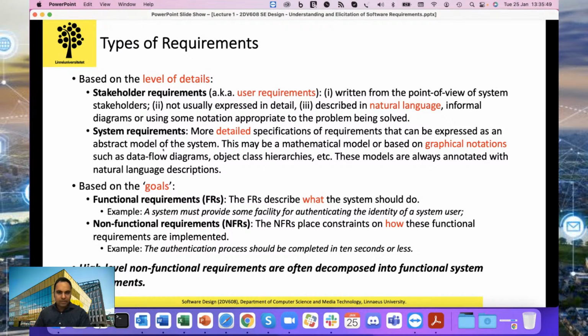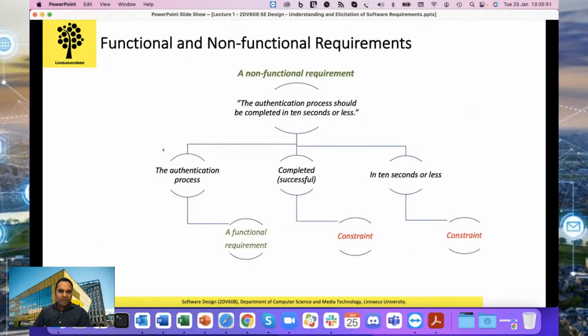So how can we do that? Let's say we have a non-functional requirement: the authentication process should be completed in 10 seconds or less. This is a high-level non-functional requirement, and it can be broken down into multiple requirements.